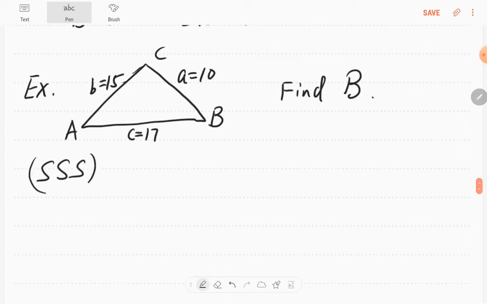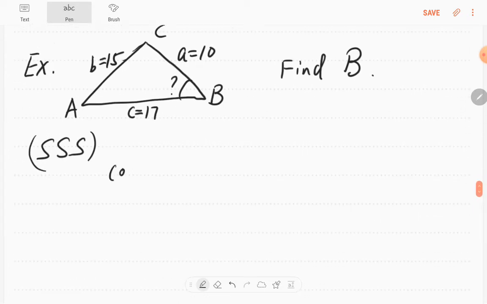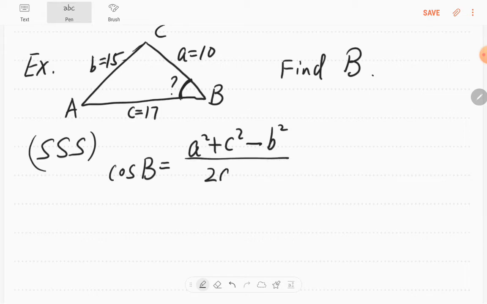We know three sides, so we can calculate this angle B directly. Cosine B is equal to a squared plus c squared, the two sides next to angle B, minus the opposite side of angle B, which is b squared, over 2ac.